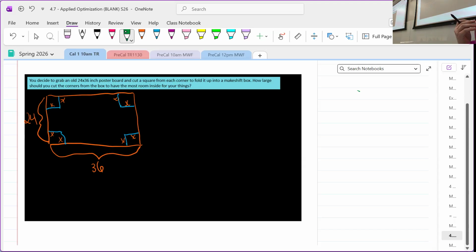But from each corner of the square that I cut out, I'm connecting it to the other corners of the squares. So I'm going to sketch in this bottom rectangle that got formed after I remove those pieces.